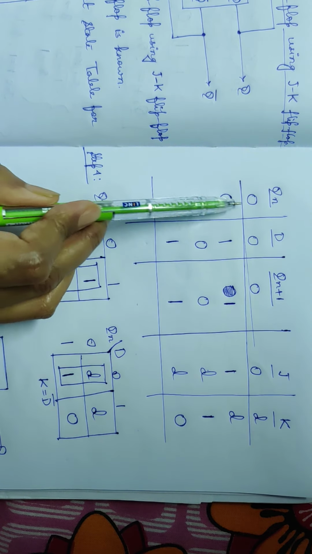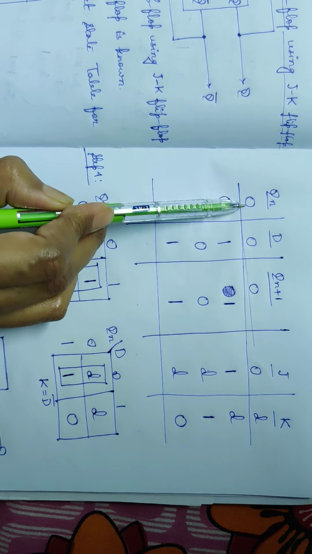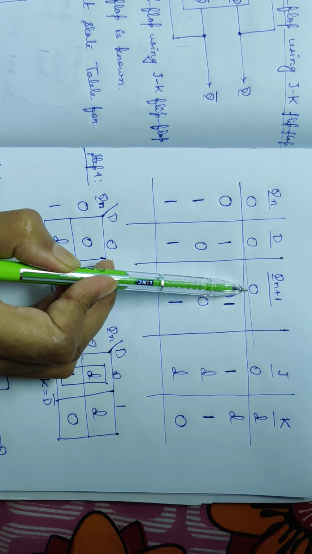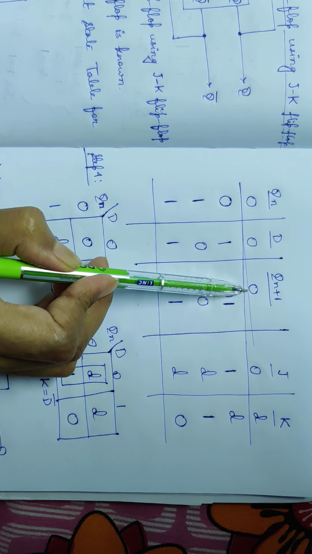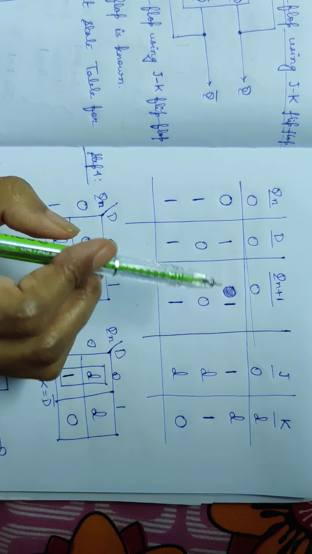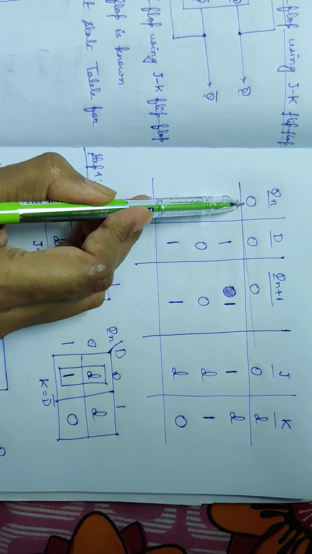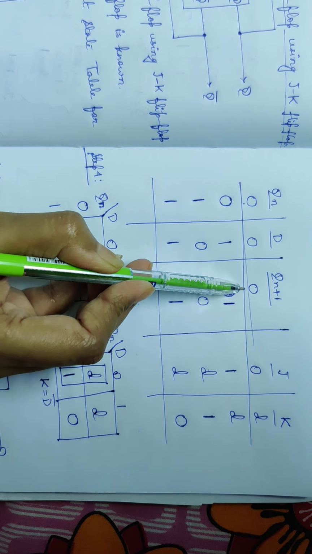Qn is 0, D is 0, Qn plus 1 is 0. Now from the excitation table of the JK flip-flop, we have to find the values of J and K for the condition where Qn is 0 and Qn plus 1 is 0.